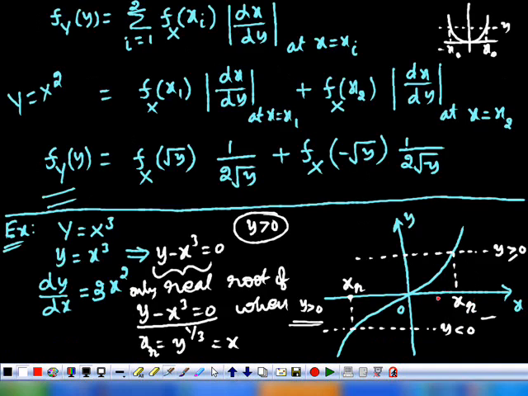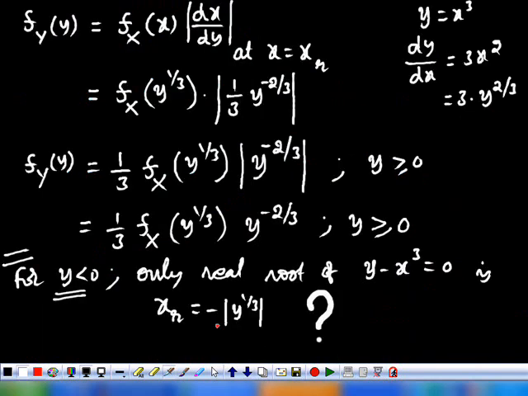This is the first case root when y is greater than or equivalent to 0. When y is less than 0, now you have to consider the values below the x-axis. So definitely the sign of this particular root is different from that of this, but its magnitude is same. That's why here I have written it as minus and magnitude of the same value of the previous.